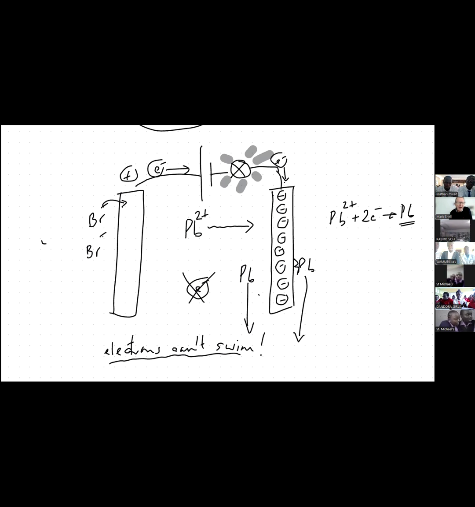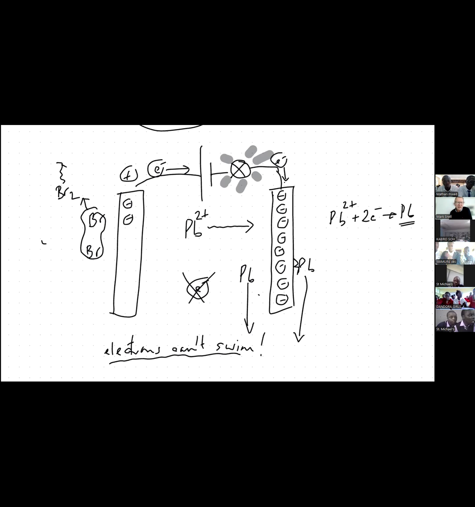If they do that, then they're not charged anymore, but those electrons are now on here. And these two Br join together to become bromine, and the bromine comes out the top as a brown gas.